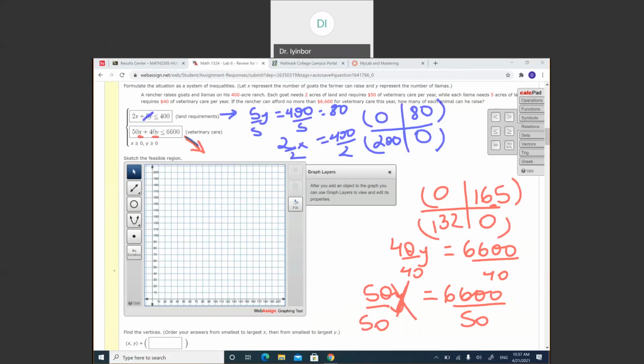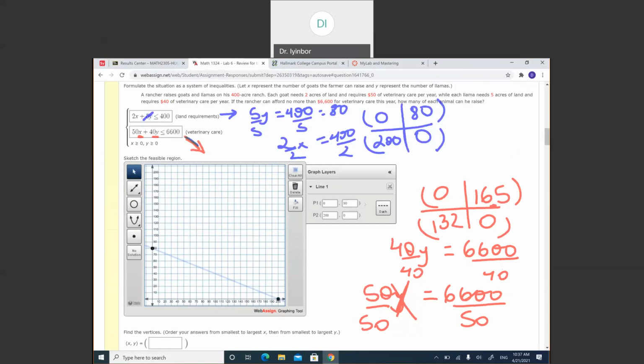So let's do that. I'm going to click on the straight line. Then I'm going to click at 0, 80, and then 200 for x and 0. So that's my first line. When you click here, you're going to see the points 0, 80 and 200, 0. Everything good. Then after that, I'm going to grab the second line.